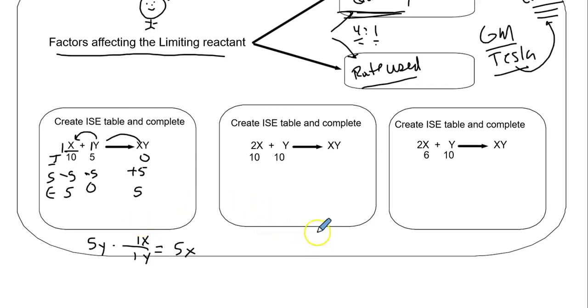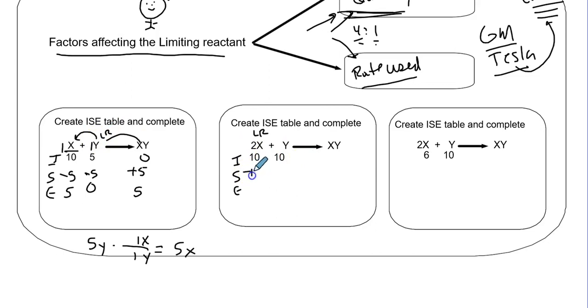All right, next one. Okay, now, initial, stoichiometric ratio, and who's going to run out first? I have equal quantities, but my rate used is different. Equal quantities, but this one has a higher rate used, so this is my limiting reactant. Sometimes you put the little LR above it just to indicate that's my limiting reactant.